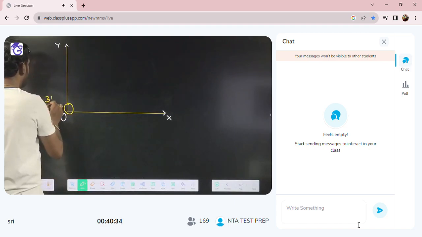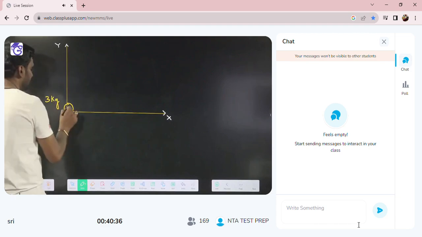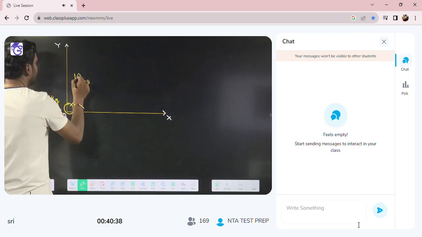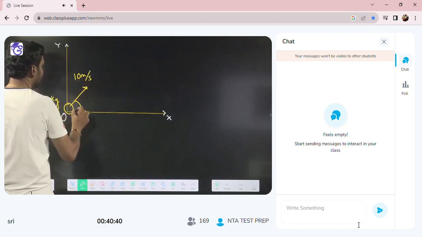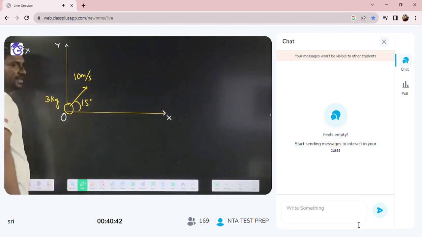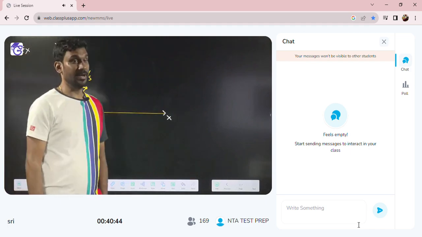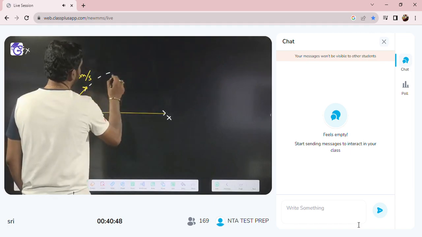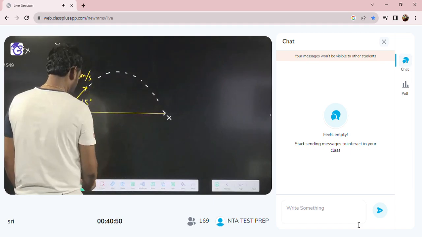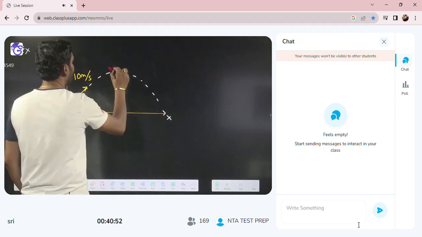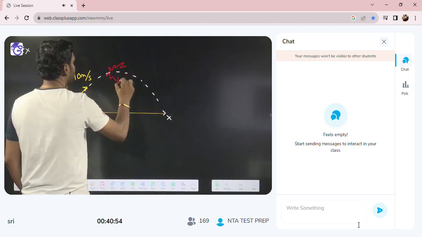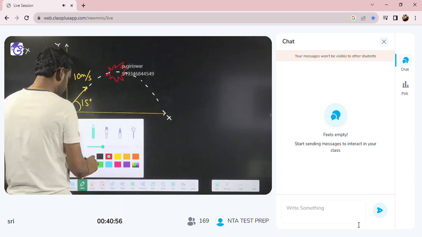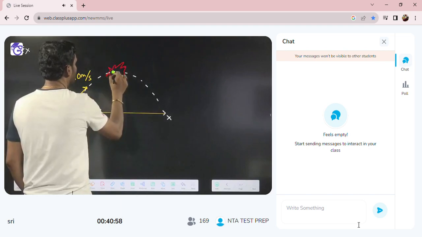This mass is 3 kg. It is projected with 10 meter per second at an angle of 15 degrees with horizontal. It goes on a trajectory like this. Then at maximum height, there is an explosion and it gets fragmented into two parts.